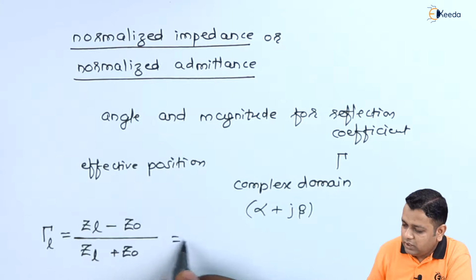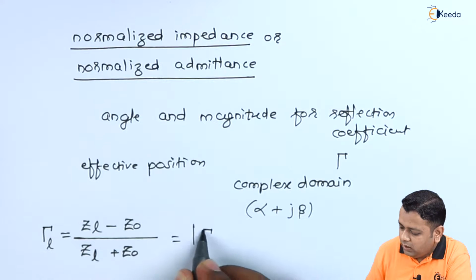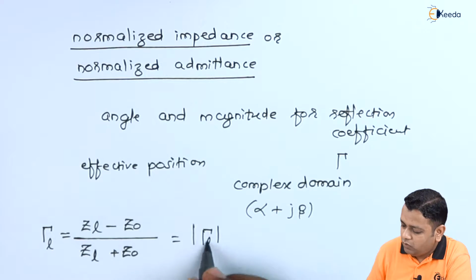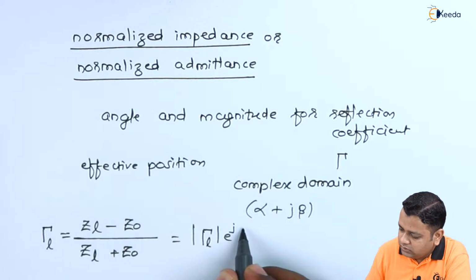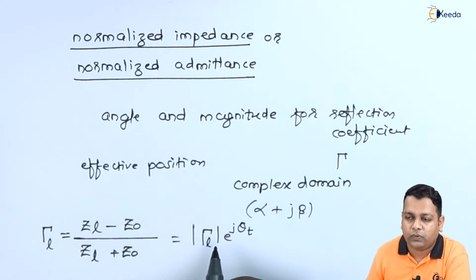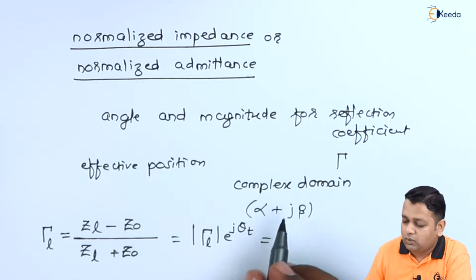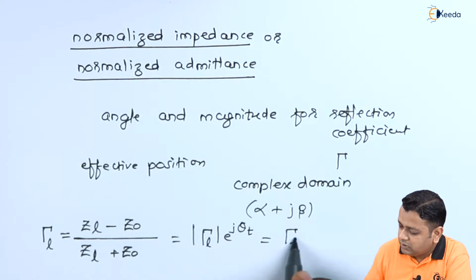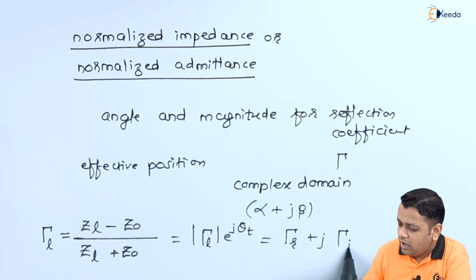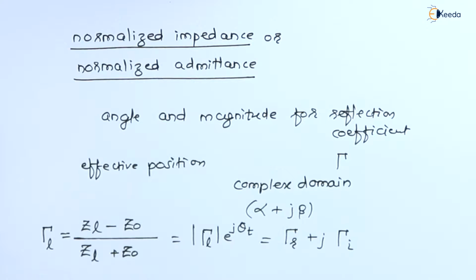This can further be expressed as the magnitude, mod of gamma L, into e to the power j theta L, or we can split it into the real part and the imaginary part, represented as gamma r for the real portion added with j times gamma i for the imaginary part. This representation of the reflection coefficient we can regard as equation number 1 in our topic.